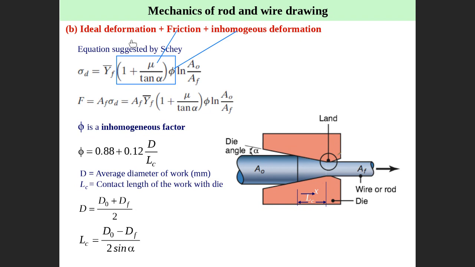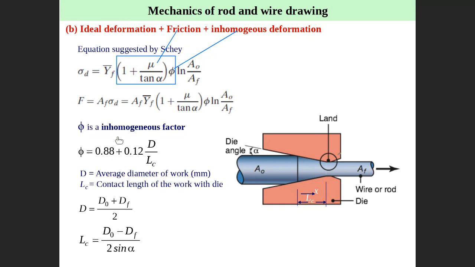So the ideal deformation, Y flow multiplied by ln AO divided by AF, is the ideal deformation as a simple tensile problem. But now we added the phi for inhomogeneous deformation and this part to consider the friction happening in the process: 1 plus mu divided by tan alpha. Alpha is the angle, multiplied by phi.